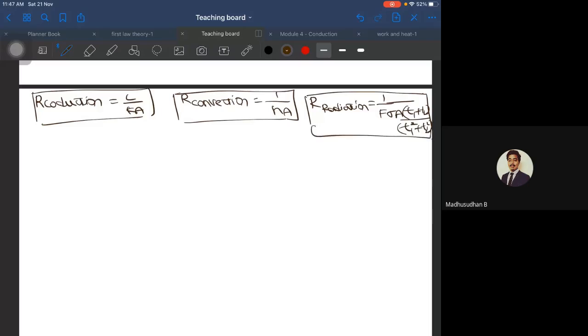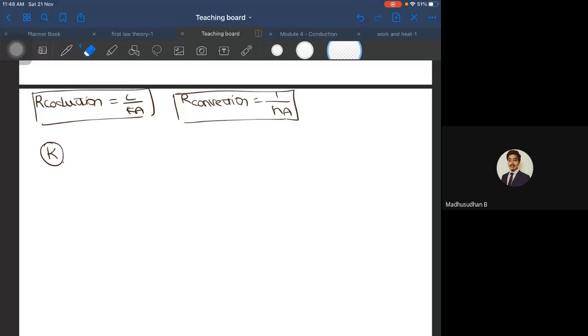Now, let us try to analyze in this way. What is K here? First of all, let us compare two things and later we shall look into the radiation. Now we shall look into only the conduction and convection comparison. So this is important to understand.